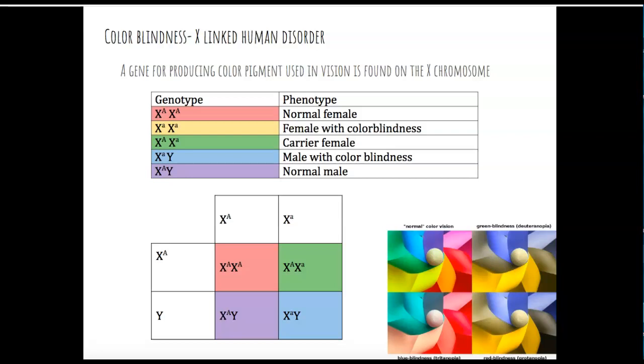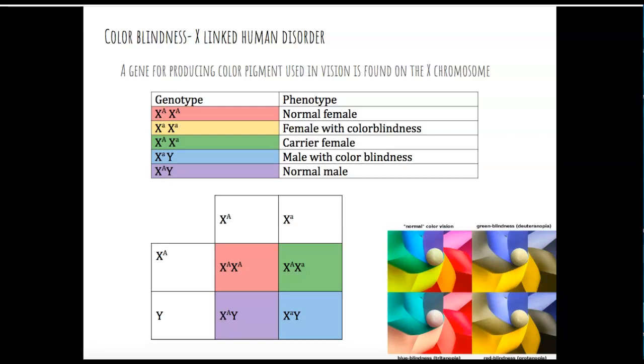A female that is big A, big A will have normal color vision. An individual that is little a, little a will be a female with color blindness, and this is with two X chromosomes. An individual that has two X chromosomes and is big A, little a will be a carrier female, but will have normal color vision. On the other hand, males only have one X chromosome and one Y chromosome.